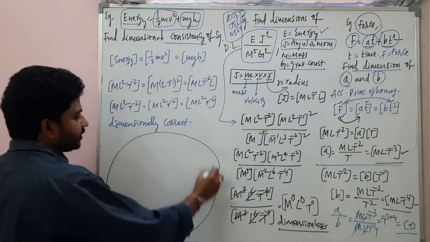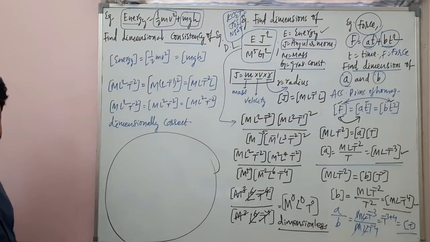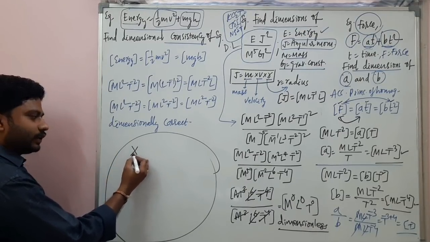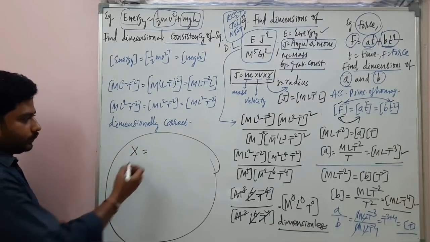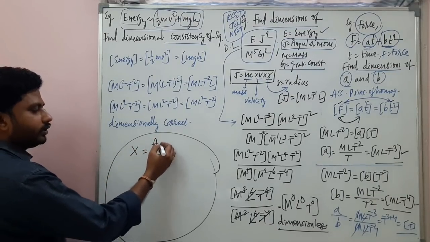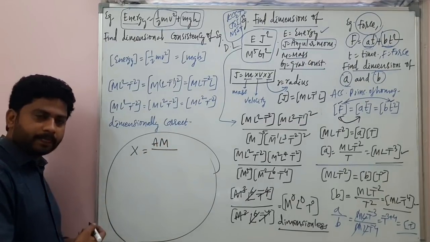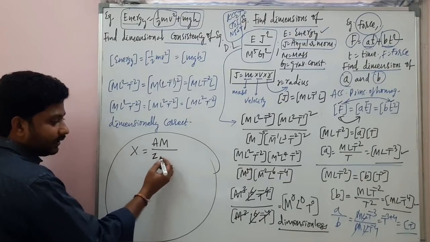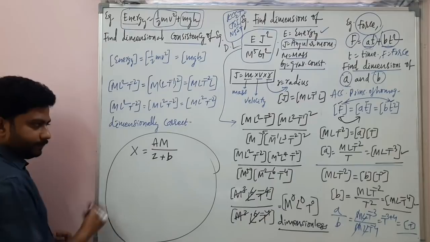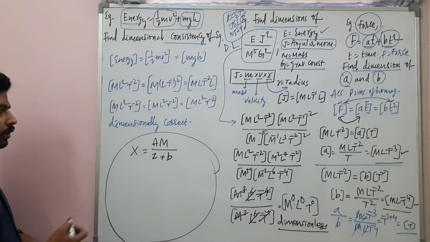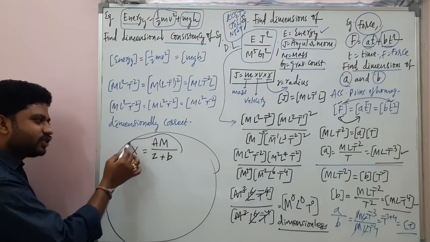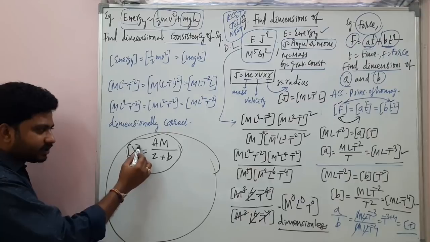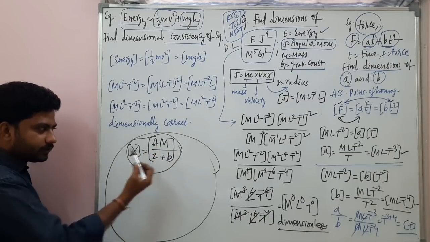Let's concentrate on this space now by understanding a small concept. X is equal to, that is the quantity, X is equal to A into M divided by, look at here, Z plus B. Even in this case also, this dimension must be equal to this dimension.